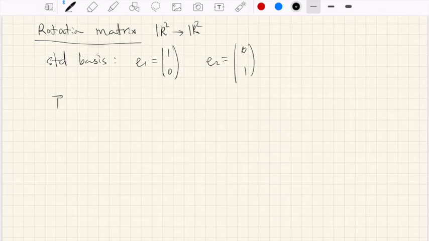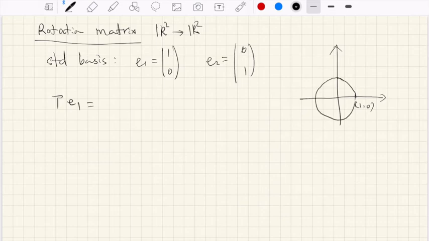So we can think of e1 as here, (1, 0), and after the phi rotation, we have to work on a unit circle with radius 1.